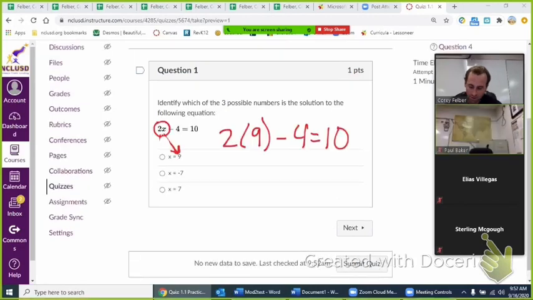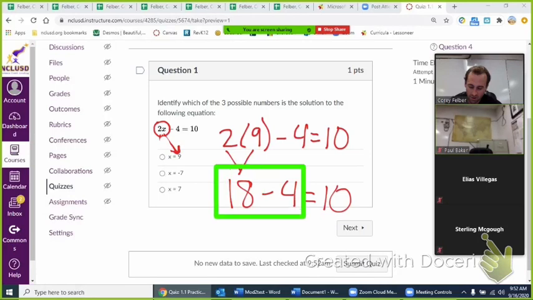So in our calculators, I would be expecting you guys to do 9 times 2, and that should give us 18. Then don't forget, we still have the rest of it. Once we do the 9 times 2, all we're left with on this left side is 18 minus 4.